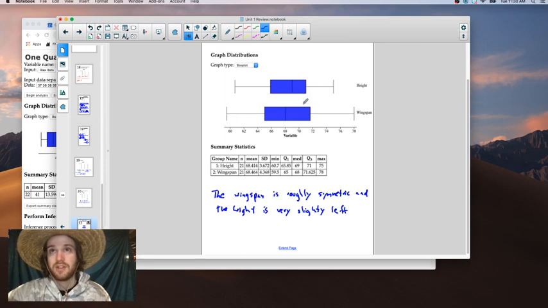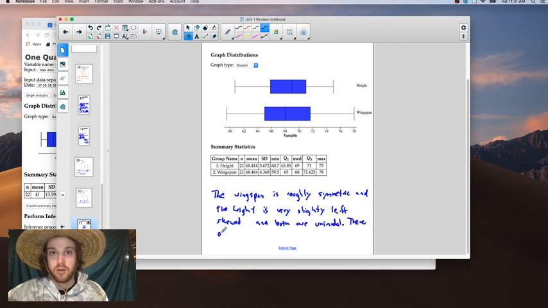This is slightly wider, but it's not as noticeable as in the top. The height is very slightly left skewed, and both are unimodal. There's our shape.